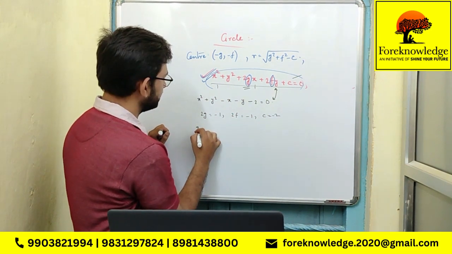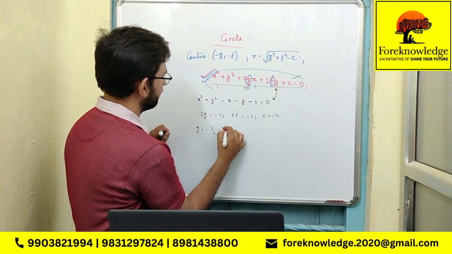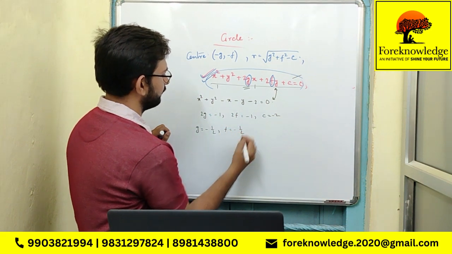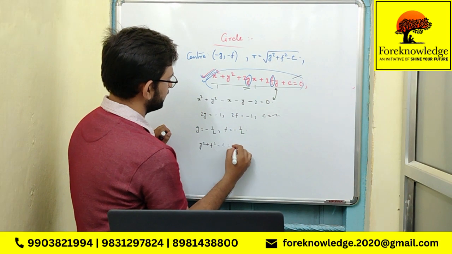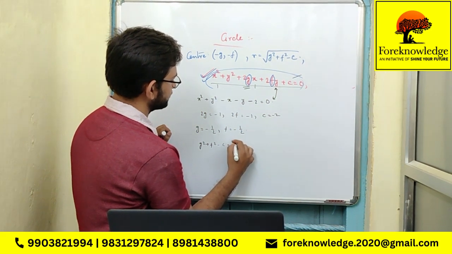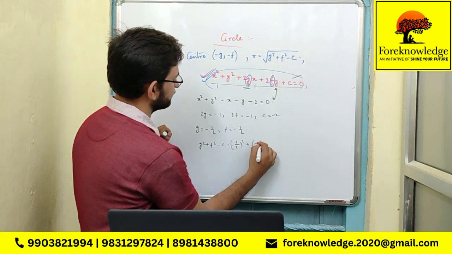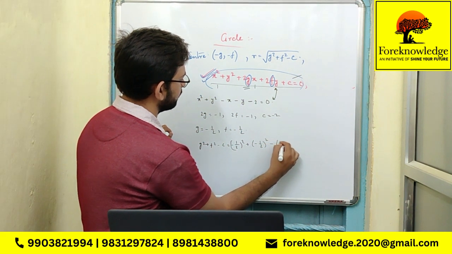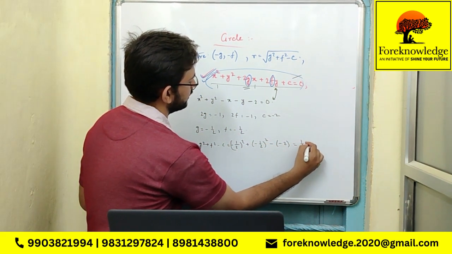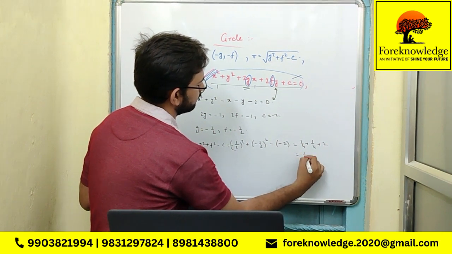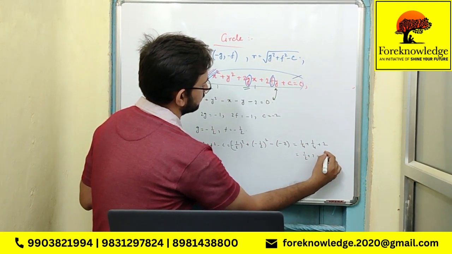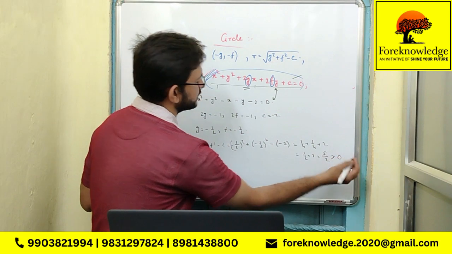So g is minus half, f is minus half. So now g square plus f square minus c is minus half square plus minus half square minus of minus 2. That is 1 by 4 plus 1 by 4 plus 2, which is half plus 2, that is 5 by 2, which is positive.